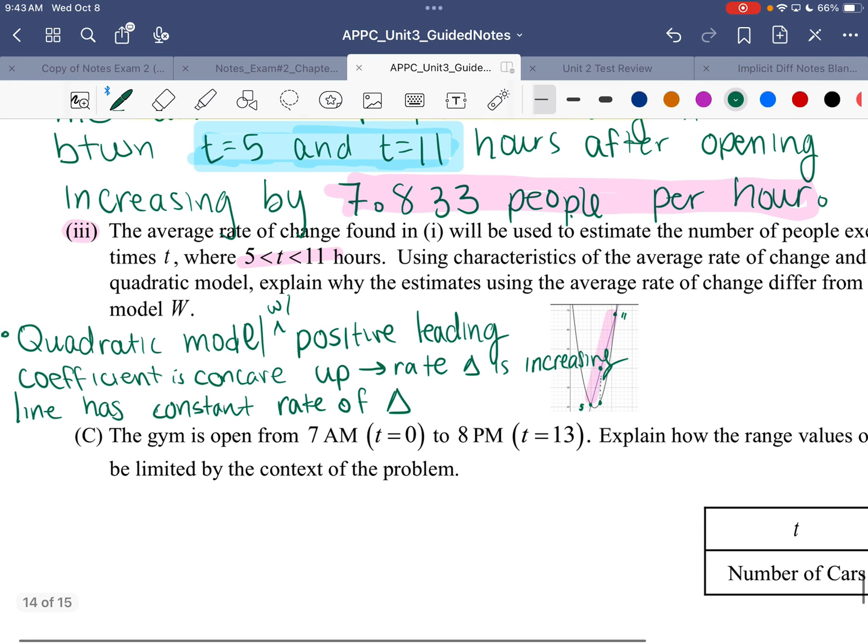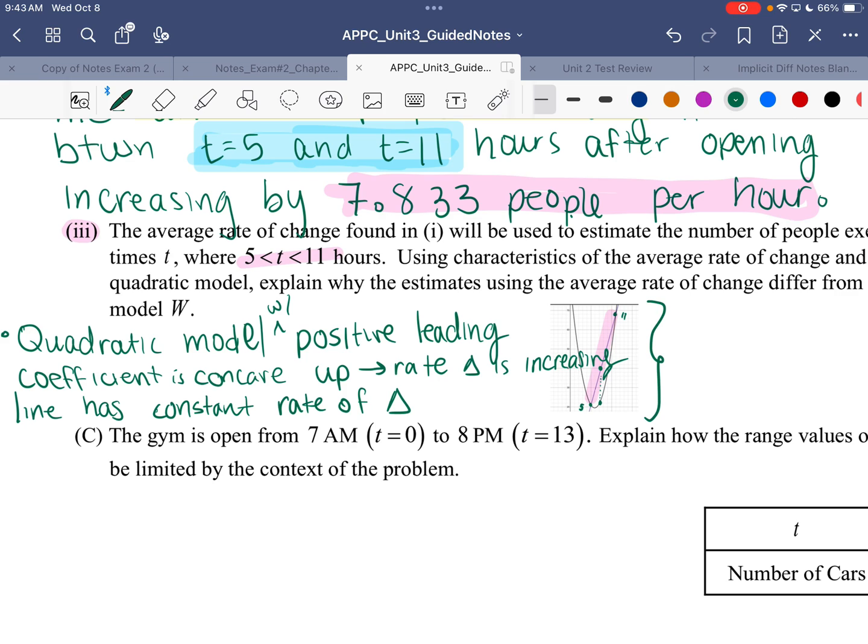Now the line has a rate of change that is constant. Now I feel like I still haven't answered the question. Let me think. Okay, average rate of change will be used to estimate the number of people inside the gym in that time period. Using the characteristics, explain why the estimate, I don't think I explained it.